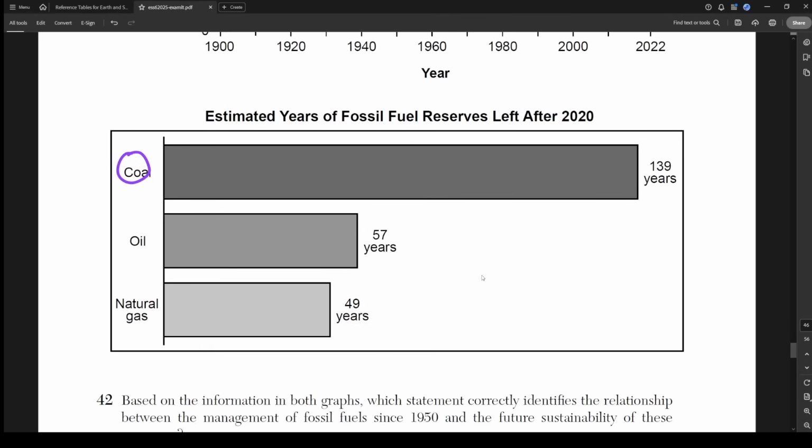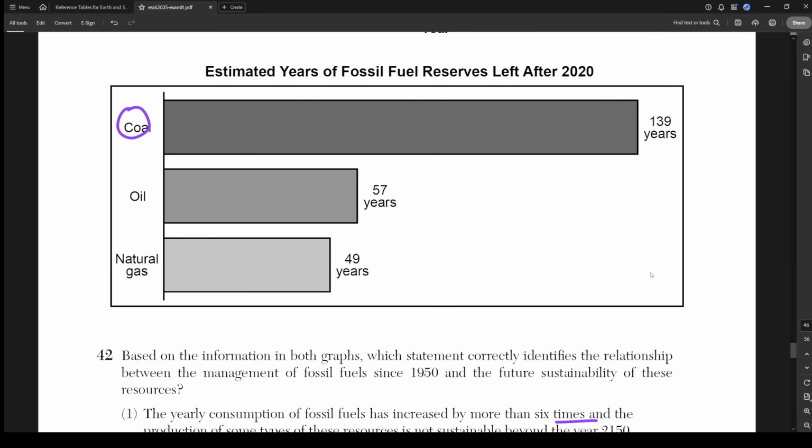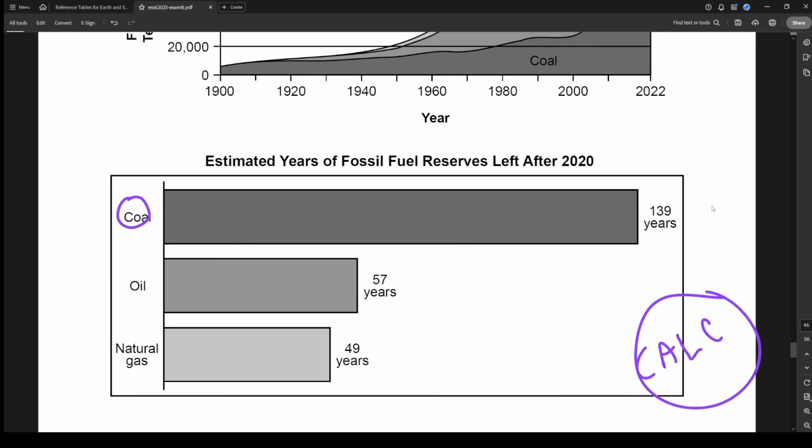Okay, so this is going to be a calculator question, first off. So what we're going to figure out, this says 139 years after 2020. So I'm going to do 2020 plus 139 years. So this is 2159.